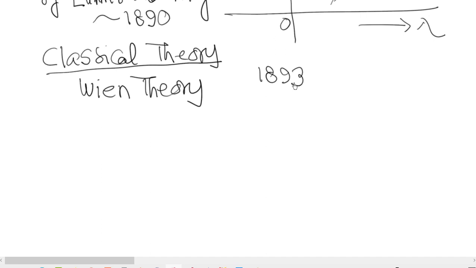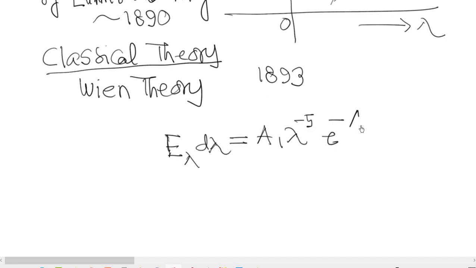The spectral energy density E lambda, the energy density in the wavelength range d lambda, is equal to A1 lambda to the power minus 5 e to the power minus A2 divided by lambda T.